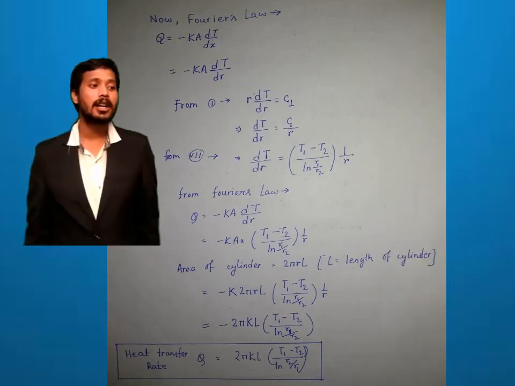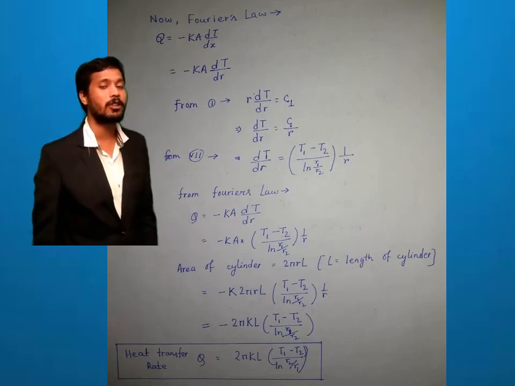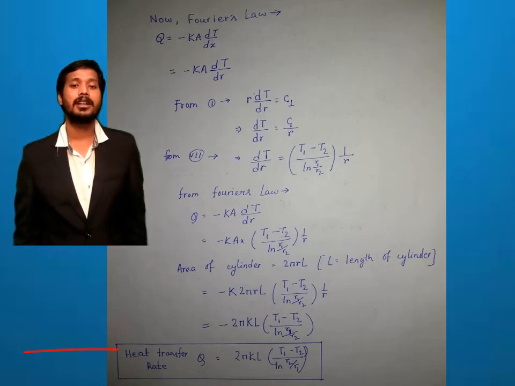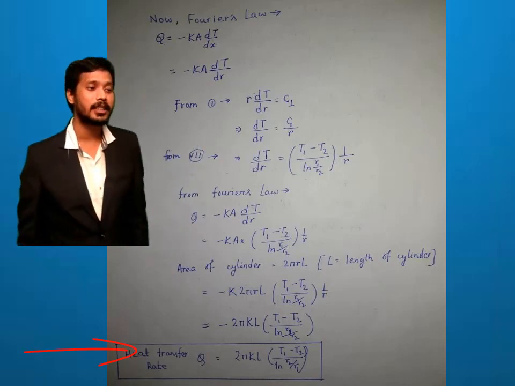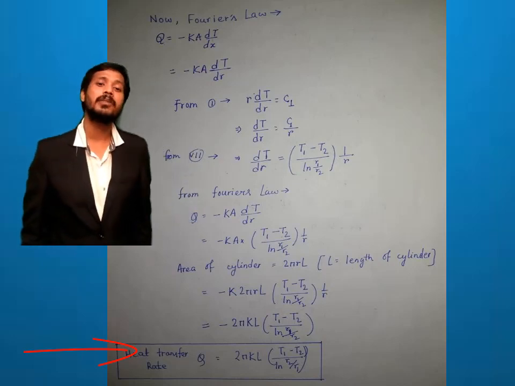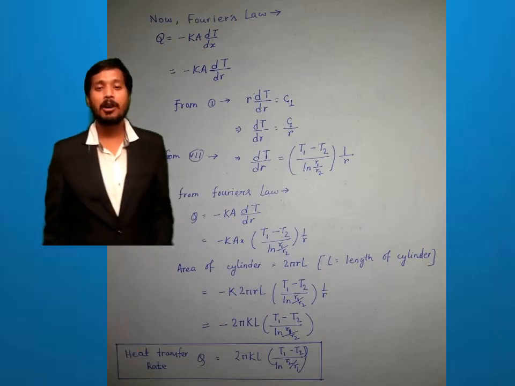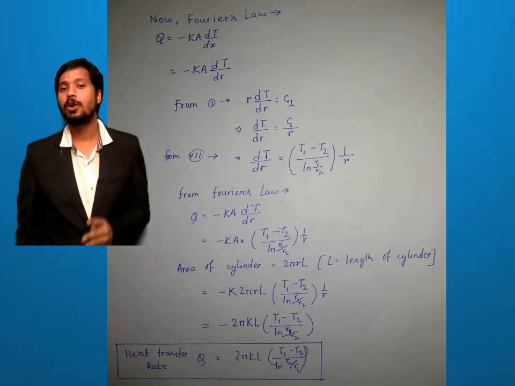So r and r cancel out, and finally we get minus 2 pi KL T1 minus T2 by ln of R1 by R2. Next, if we move this minus down by inverting the ln term, then we get heat transfer Q equals 2 pi KL T1 minus T2 by ln of R2 by R1. So this is the amount of heat transfer through a cylinder in one dimension, with no heat generation and steady state.